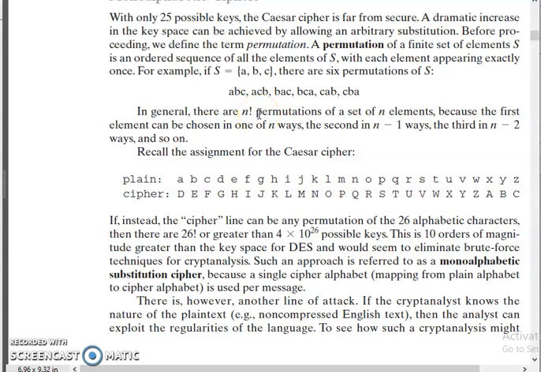If n is 3, 1 into 2 into 3 is 6, the output of 3 factorial. Here the set has 3 values A, B, C, so 3 factorial is 6. There are 6 possible combinations in this permutation.